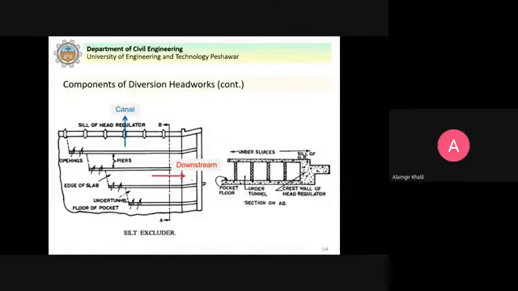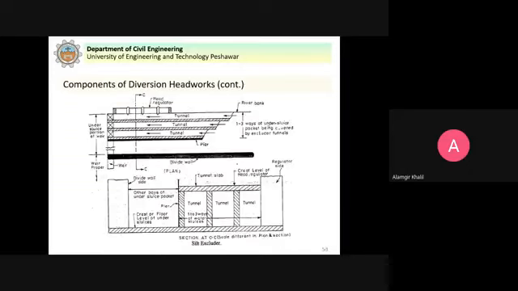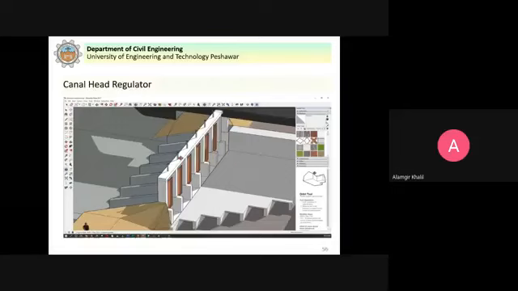So you can see here that these are tunnels. If I show you this picture here, you see that these are the tunnels. So the fundamental principle is that when the water flows, the silt is carried by the lower layers of the water. So those lower layers are separated.